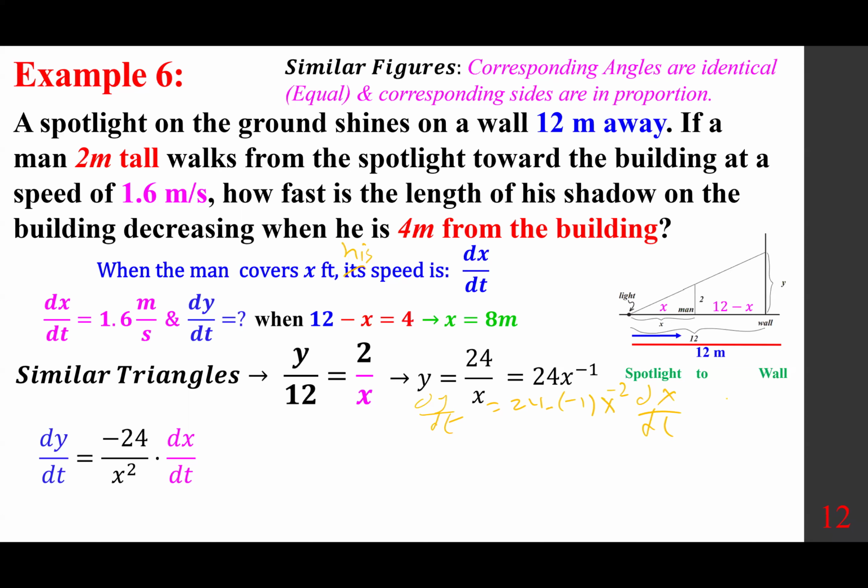I thought I mentioned that, but I didn't. So minus 24 over x squared, that's the derivative of 24 x to the power minus 1, and dx/dt because the independent variable is t. So we replace the x with 8 and dx/dt with 1.6.